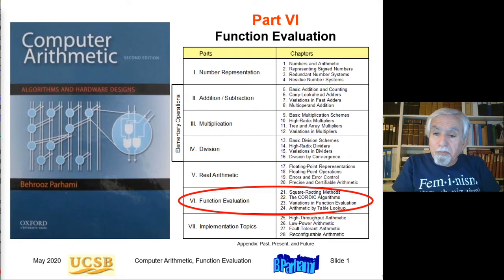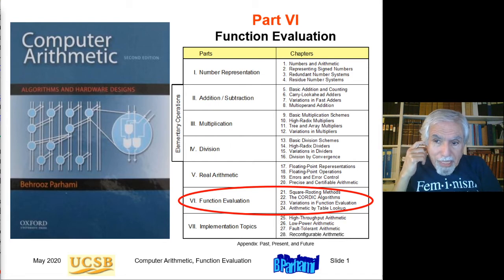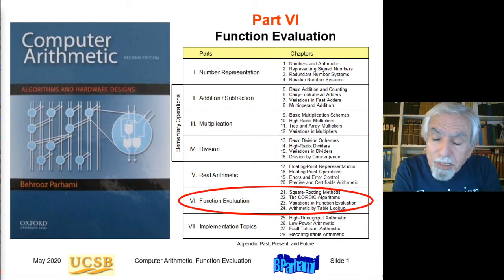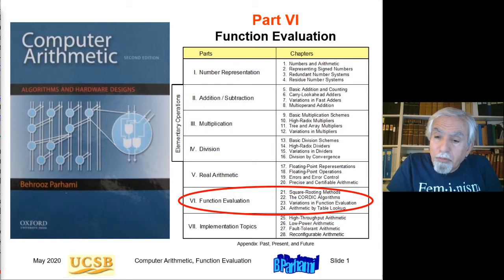Hello and welcome to Lecture 18 for the course ECE 252B, Computer Arithmetic for Spring 2020. This lecture we start looking at Part 6 in the textbook, which has 4 chapters, as in other parts.